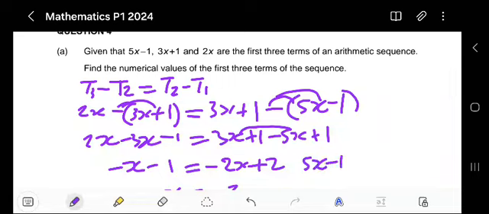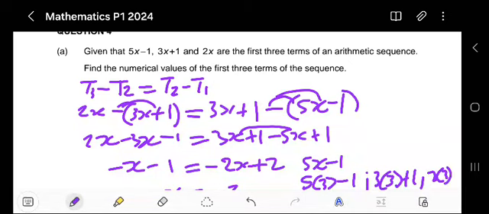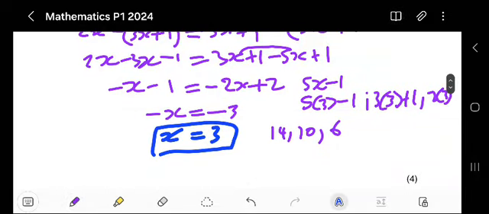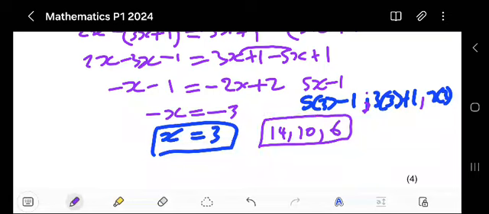You replace x by 3, and so on. 3 plus 1, replace 3. Then this is what you'll have. If you multiply there, this is what you'll have.